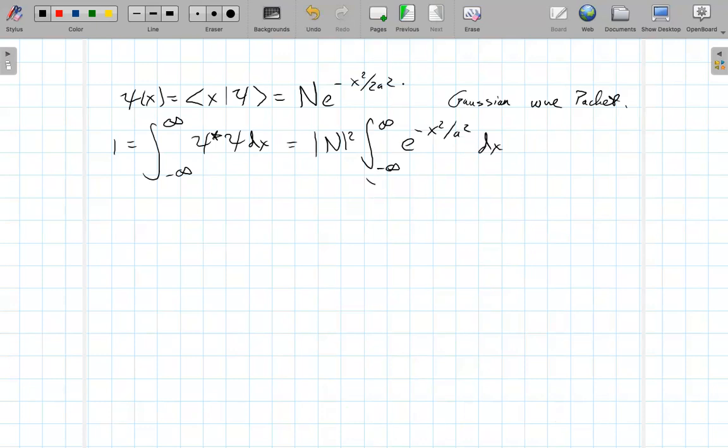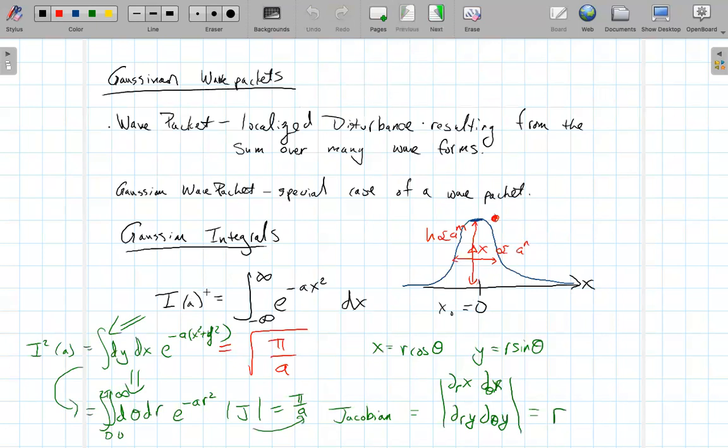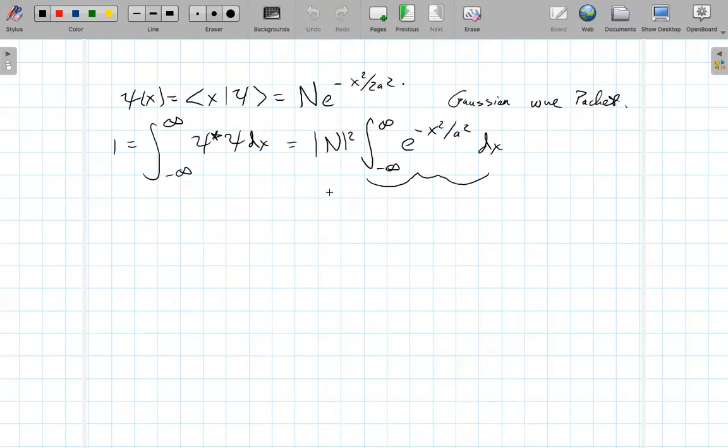This thing here is simply our Gaussian. If we go back to our Gaussian integral, we have I of a, which means in our case a is actually 1 over a squared. So this is the same thing as n squared times the integral with 1 over a squared.